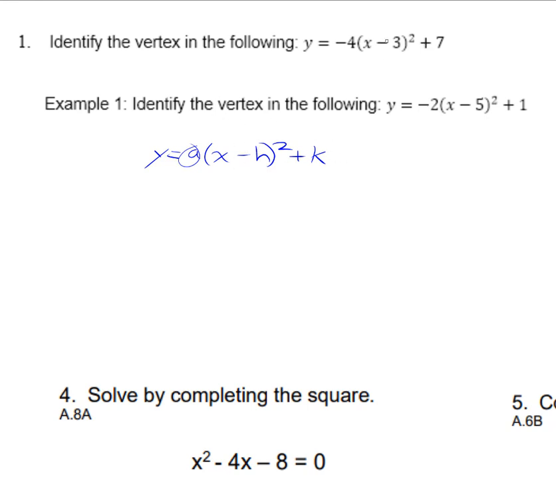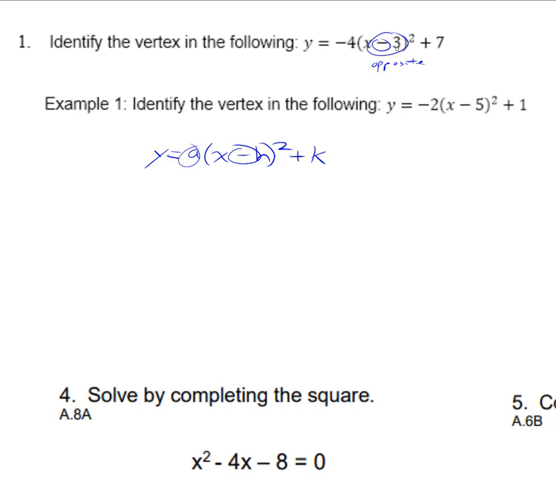Now, when you're looking at this one here, what you have to be careful of is right here. The formula itself has a negative. So whatever you see in here with this x, you have to actually take the opposite of it, because once again, this negative sign belongs to the form, not the h.